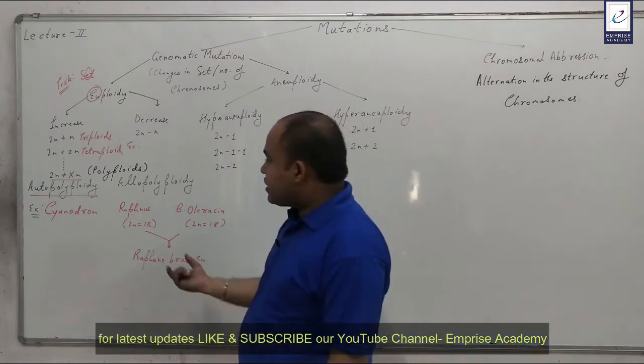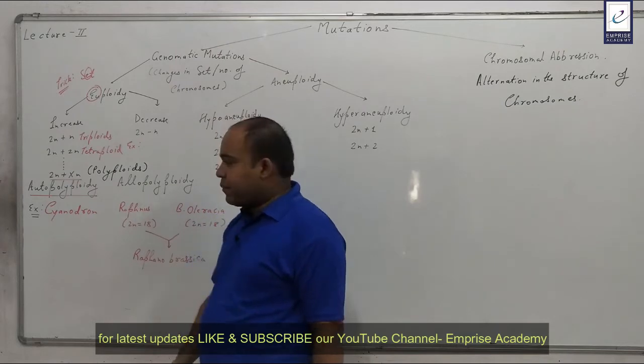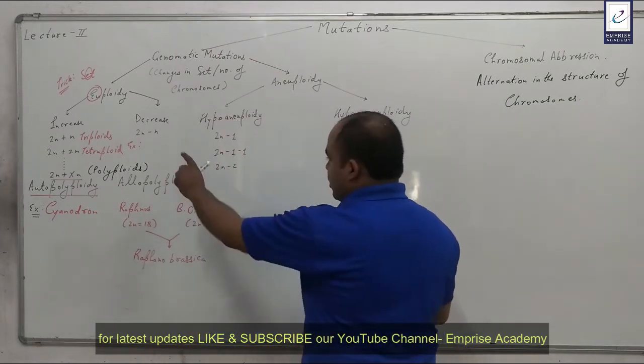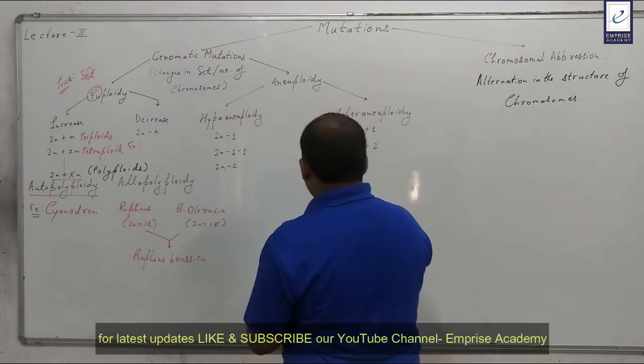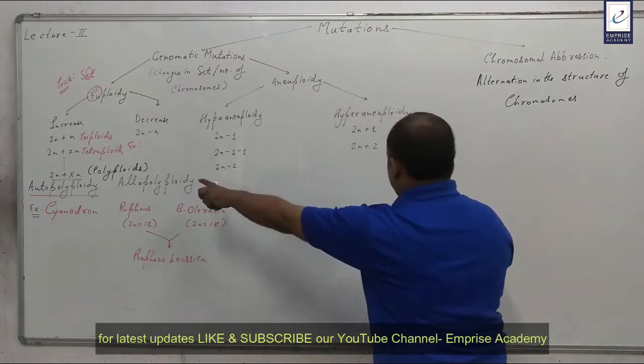Now let us understand what is polyploidy, what is autopolyploidy, what is allopolyploidy. In the case of polyploidy, the number of chromosomes is being increased. So I am talking about polyploidy here.